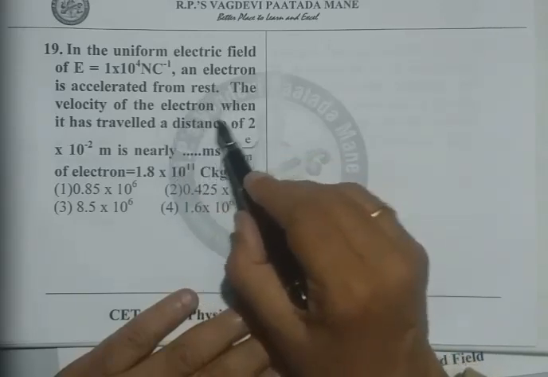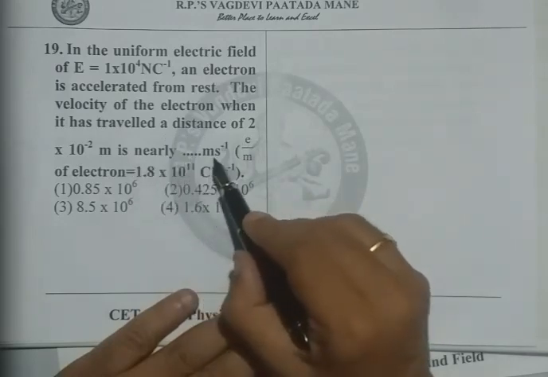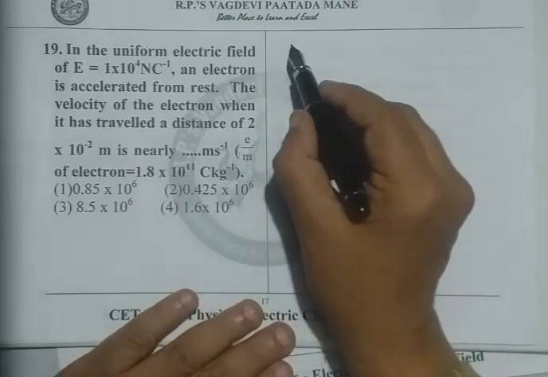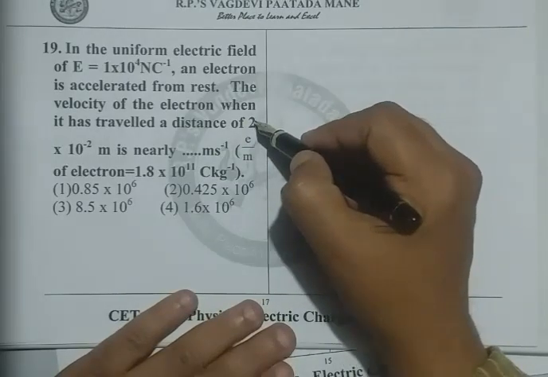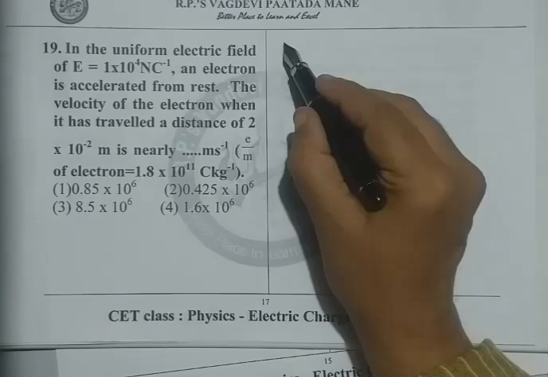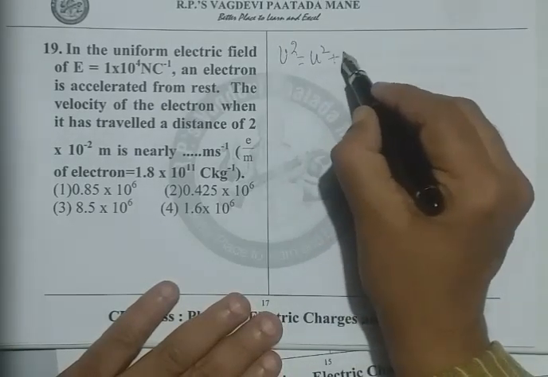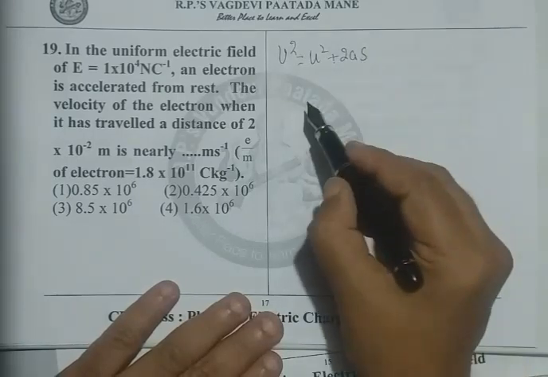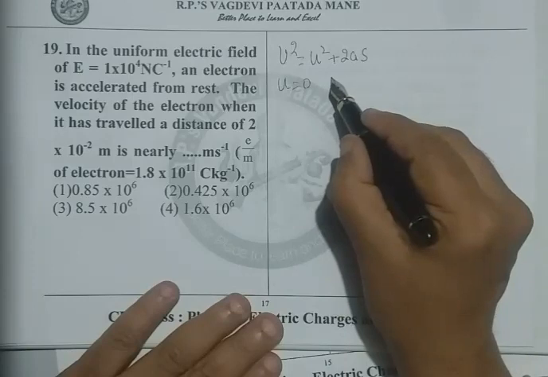The velocity of the electron when it has traveled a distance of 2 into 10 raised to minus 2 meters is nearly. Observe, I write the formula. We are given distance, therefore velocity is required. I write v square equals u square plus 2as. But u is 0 as it is given at rest.